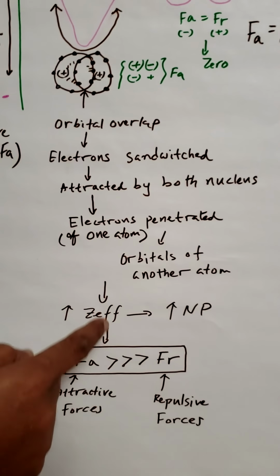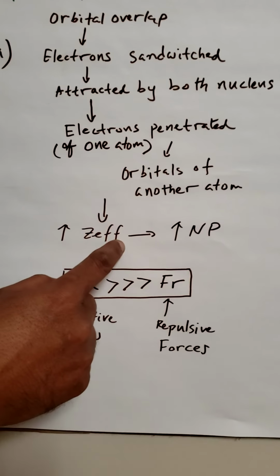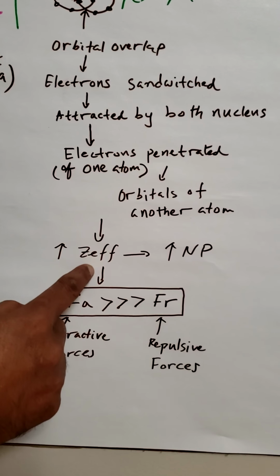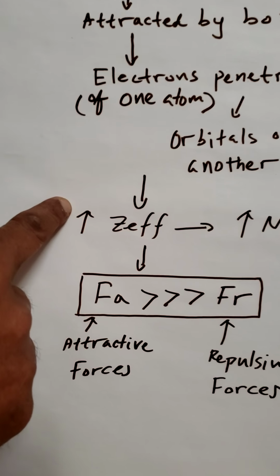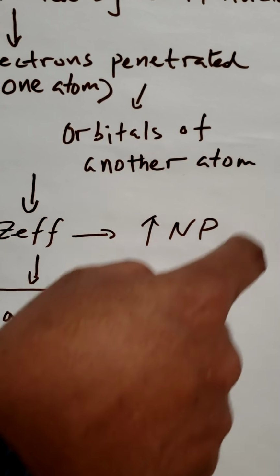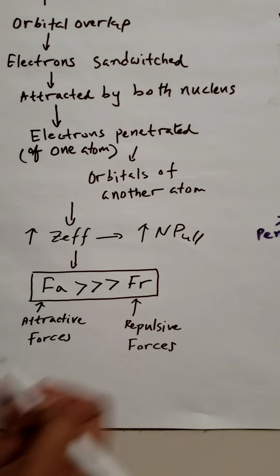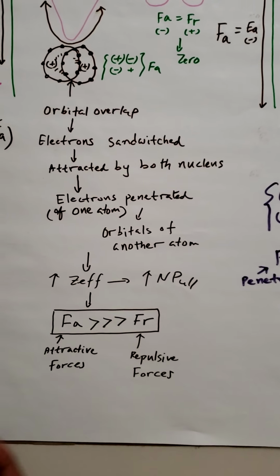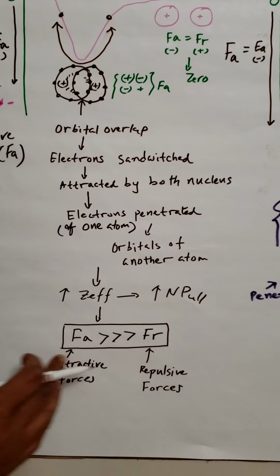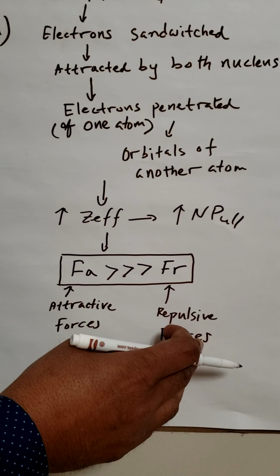And because of this penetration, the effective nuclear charge, Zeff, is drastically increased. And when Zeff increases, you also have a lot of nuclear pull, right? This is nuclear pull. Because of this nuclear pull, you have a lot more attractive forces than repulsive forces.